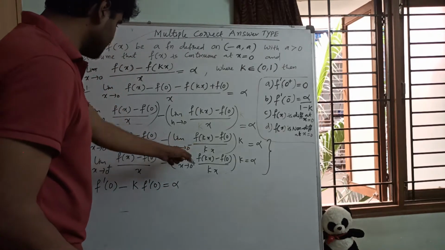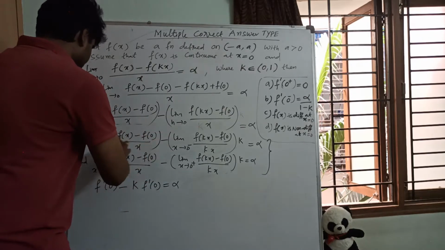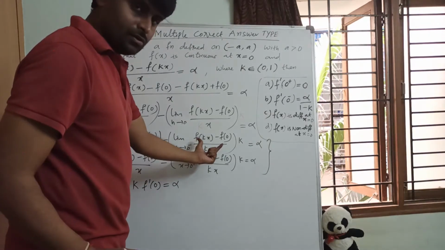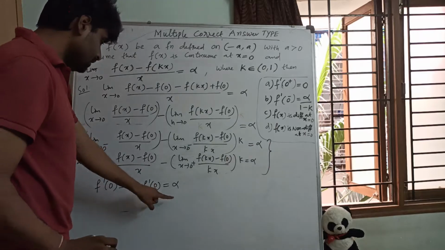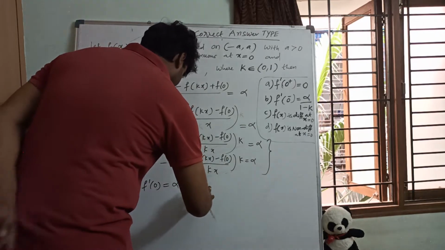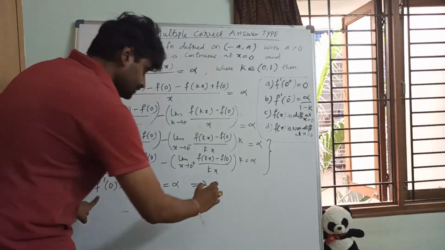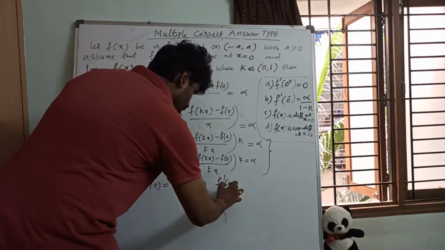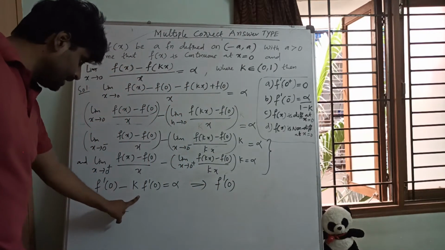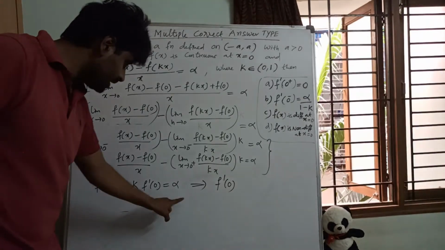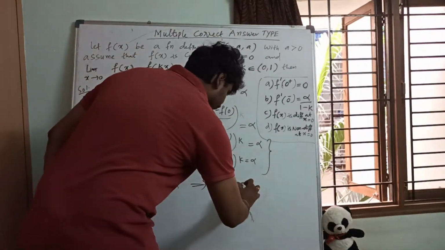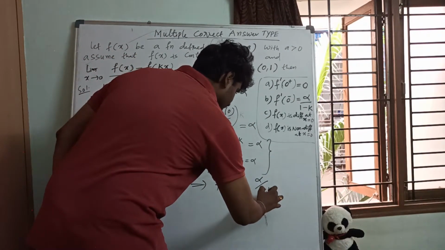Clear from the first condition: this is f dash of 0 and this is also f dash of 0 into k. So if I take f dash of 0 common, what do we get? 1 minus k, correct? 1 minus k comes down. So f dash of 0 equals alpha by 1 minus k, correct?